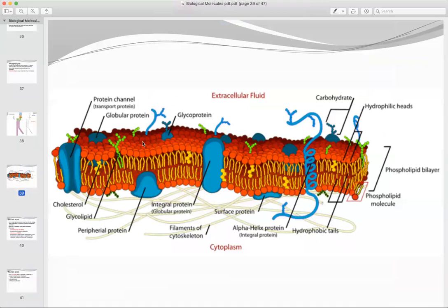All right, this is another illustration of what the cell membrane looks like in the presence of these phospholipids. All right, so we've got a layer of phospholipids here, and then we've also got a layer of phospholipids here, right, where we have our hydrophilic heads facing the external environment where there's usually going to be fluid or water, right? So these are hydrophilic heads. And then we've got these hydrophobic tails that are buried in the middle, creating that barrier, right?